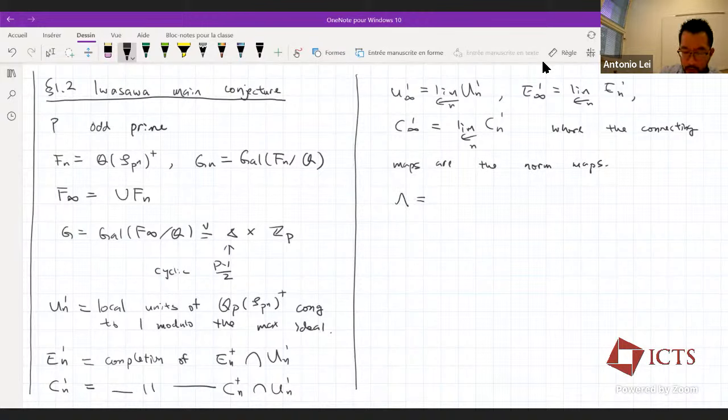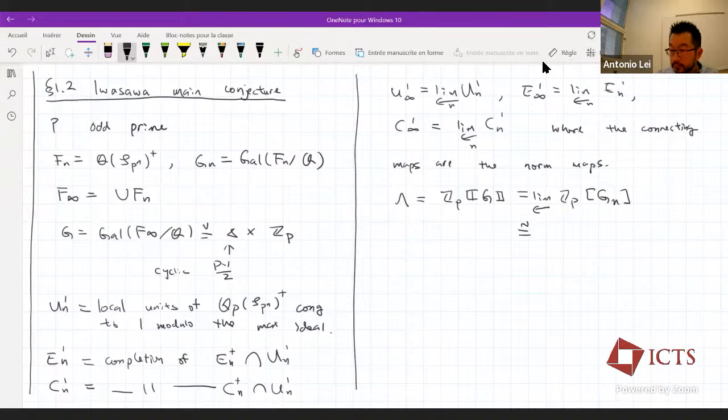Another important thing we will need is the Iwasawa algebra, which I will denote by lambda. Often we write it as Zp double bracket G, and this is simply the inverse limit of these group rings of Gn.